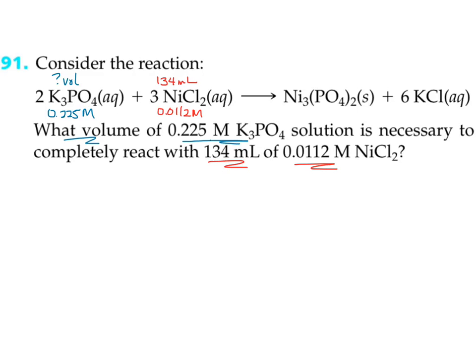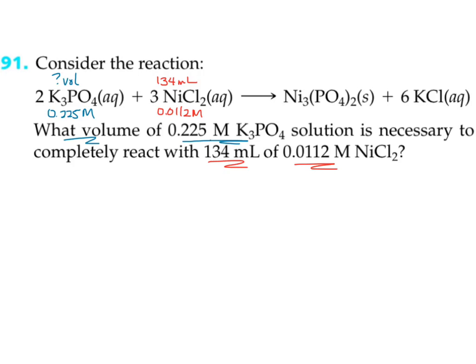I went ahead and in blue and in red kind of extracted the information from the problem and put it under the thing we know or is associated with. So you see where we know more about the nickel 2 chloride. So the strategy is going to be to get the moles of the nickel 2 chloride from what you're given.